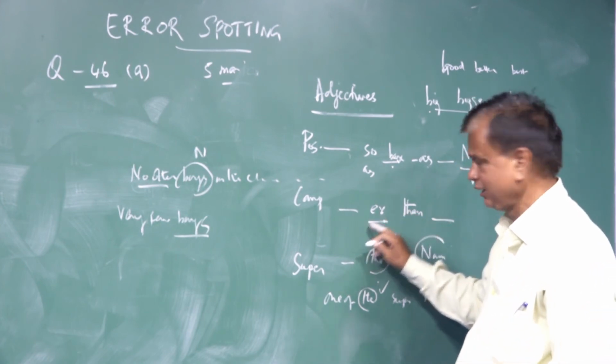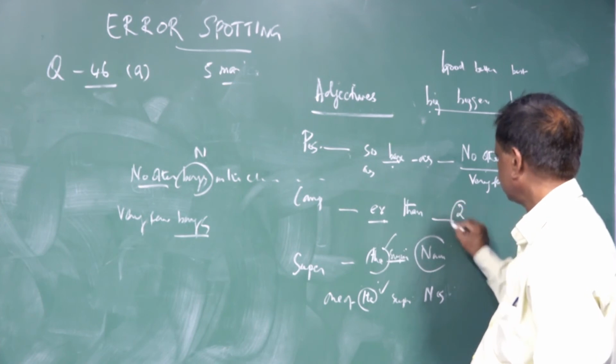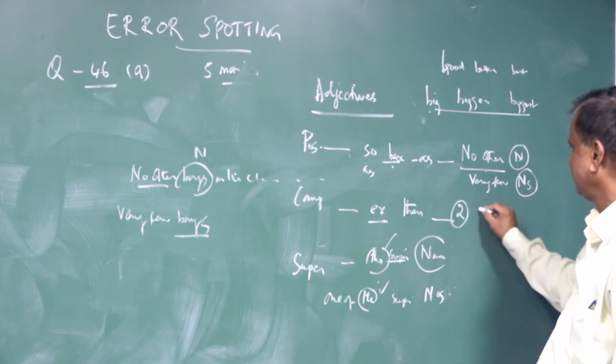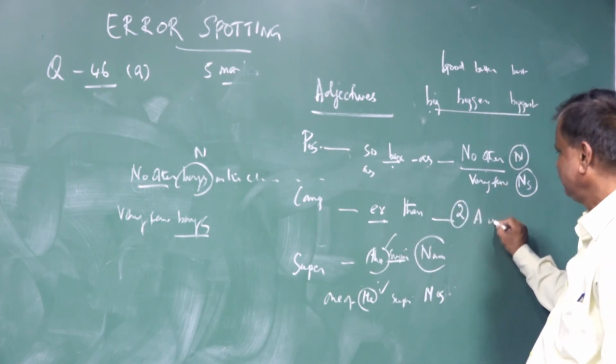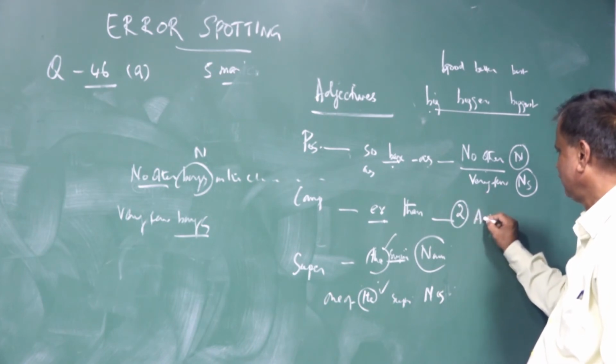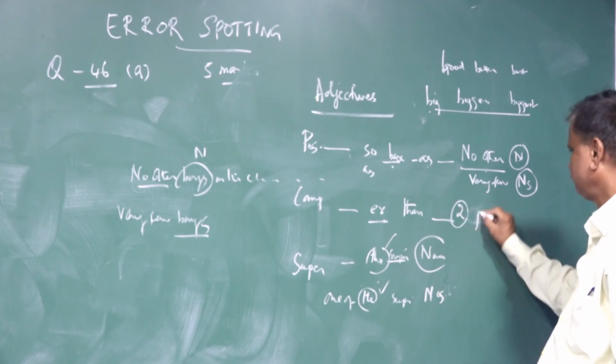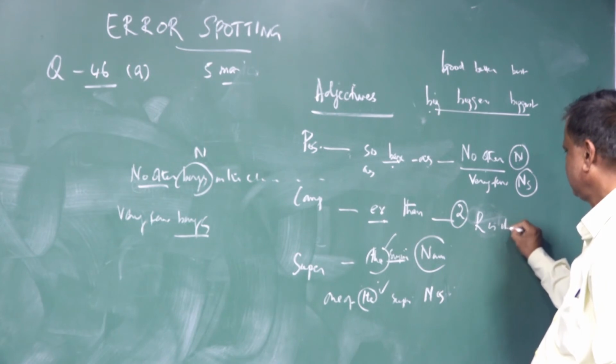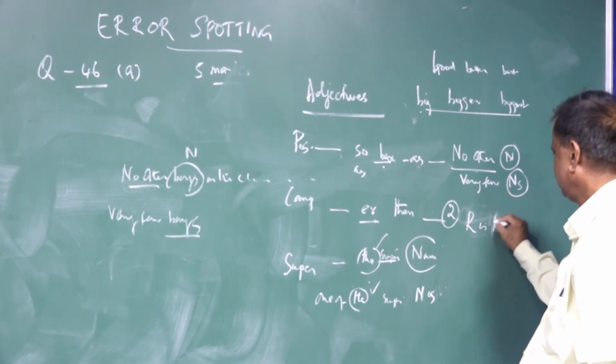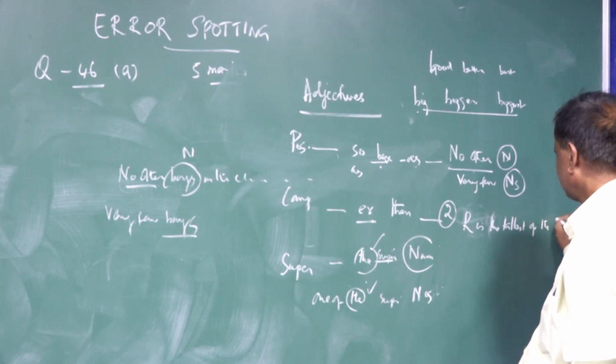A comparative degree is comparing two things. If I say Ram is the tallest of the two.